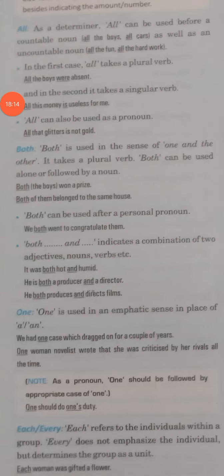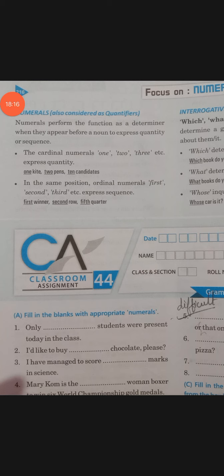Okay, and the last is numerals, how you will use them and what they are. Numerals are basically cardinal, where you will use 1 2 3, and ordinal, which is first, second, third. Remember, cardinal is for counting, like 1 2 3. In ordinal you will use numbers like first, second, third, the sequence.